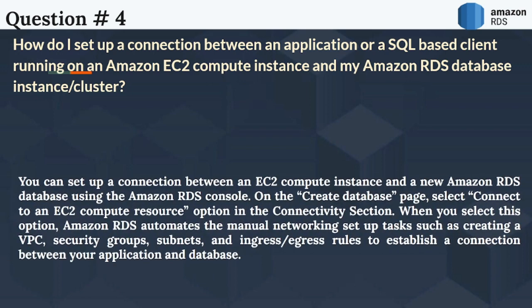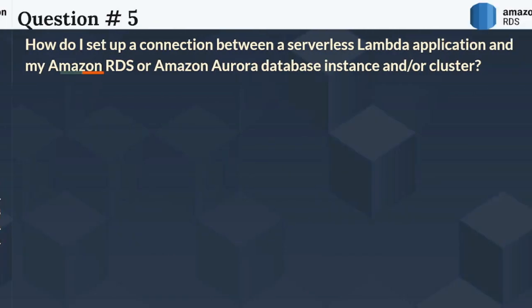On the Create Database page, select the Connect an EC2 Compute Resource option in the Connectivity section. When you select this option, Amazon RDS automates the manual networking setup tasks such as creating a VPC, security groups, subnets, and ingress-egress rules to establish a connection between your application and database. Let's see the next question.